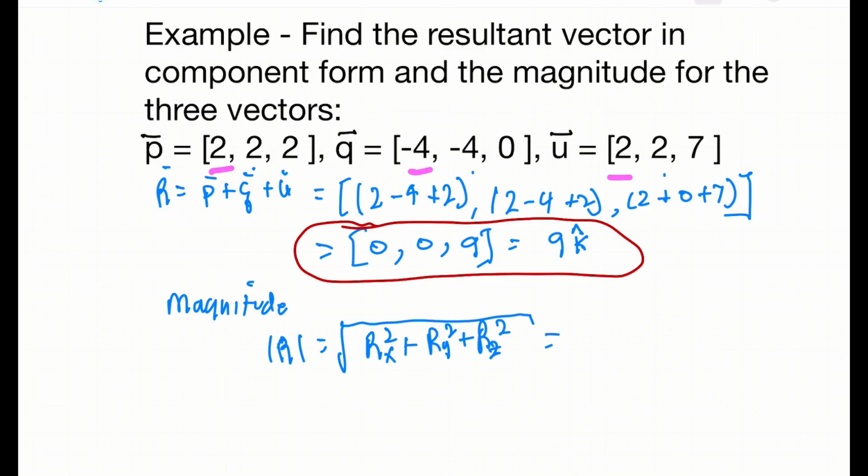Now in this case, rx and ry are both equal to 0. We just have a z component. So it's the square root of 9 squared, which is just equal to 9. So our magnitude is 9, and there's our resultant vector. It has a magnitude of 9.